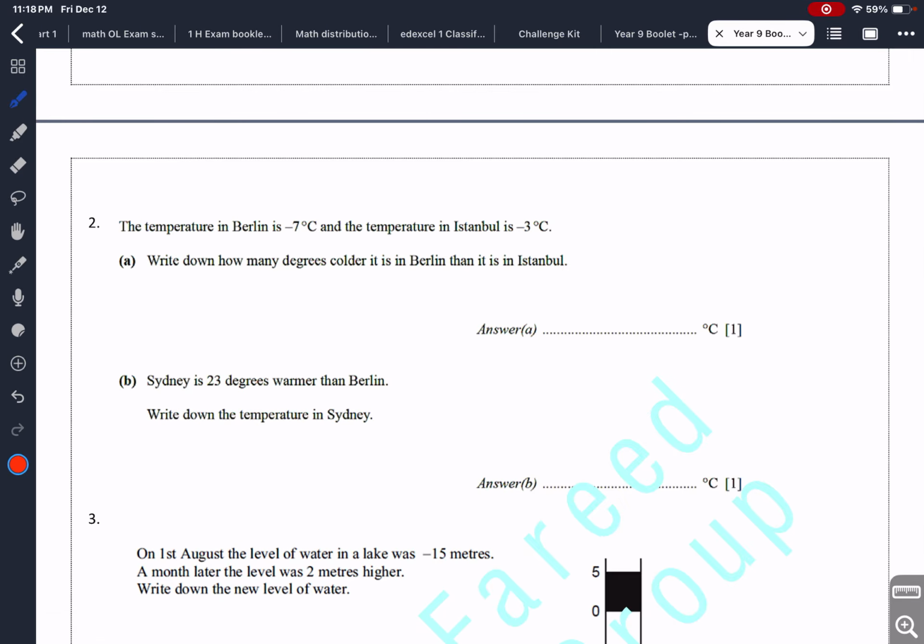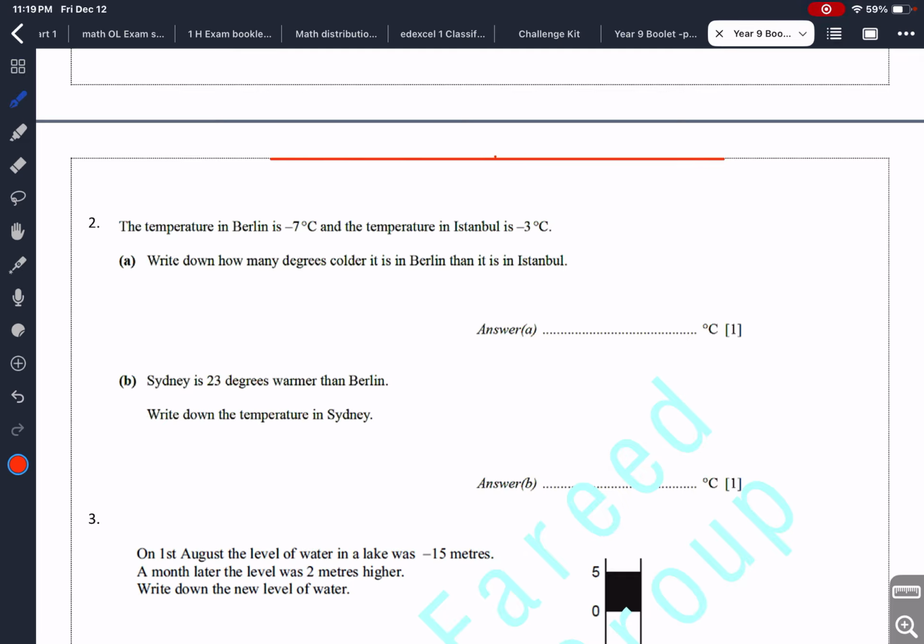Here is a typical question from Cambridge pre-IG year 9. The temperature in Berlin is negative 7. The best thing in this situation is to find the numbers on the number line.